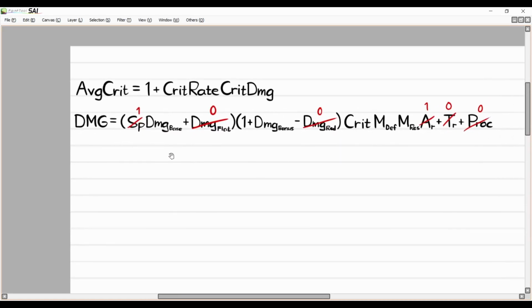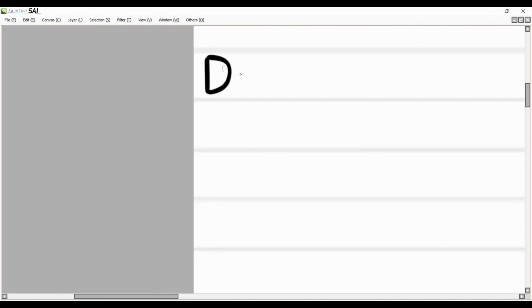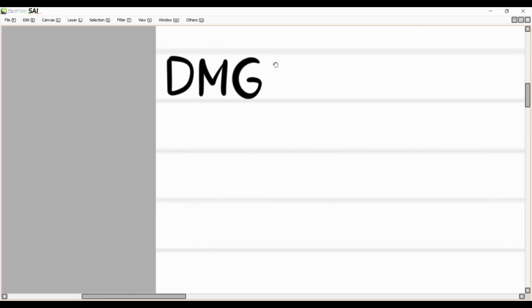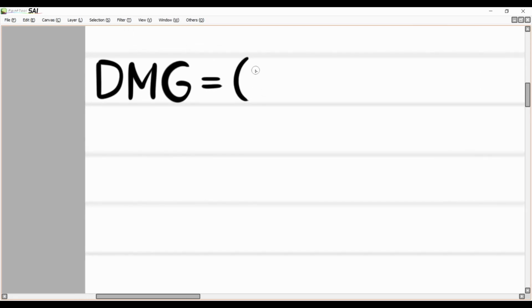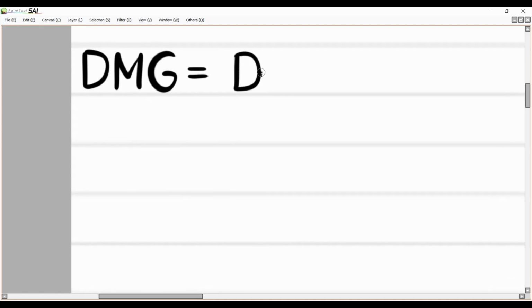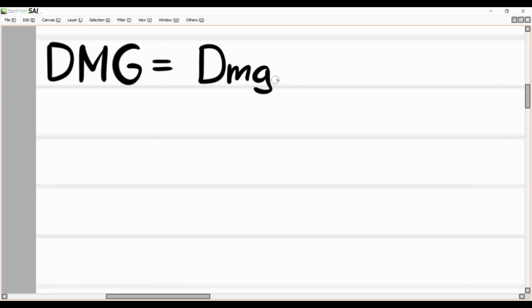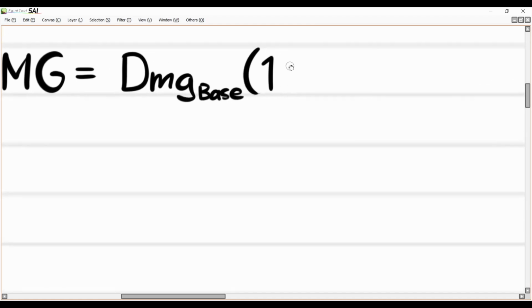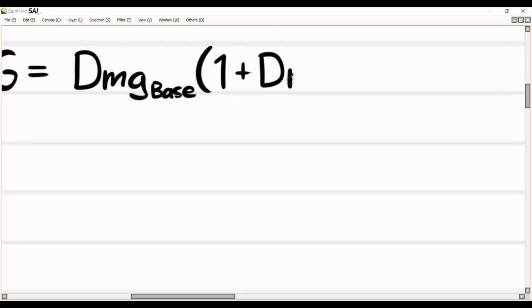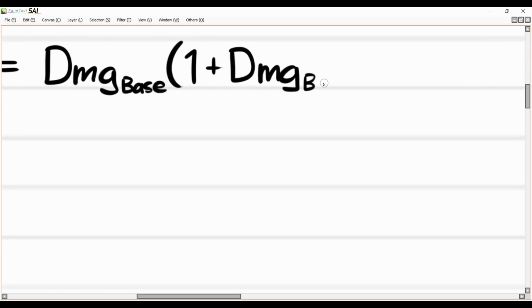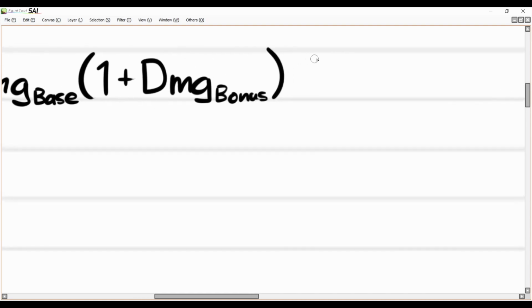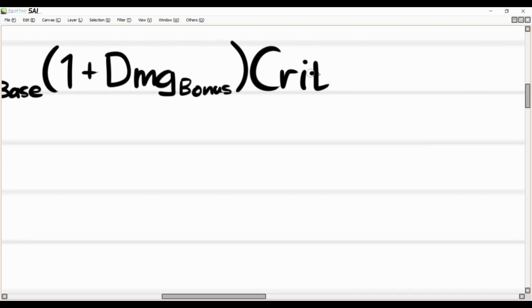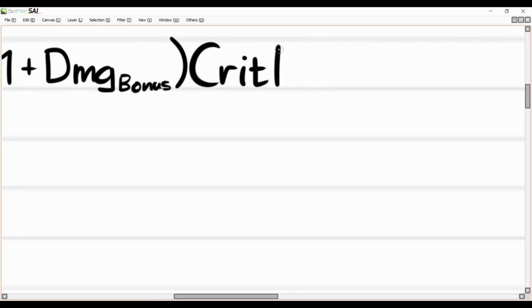And we're left with a relatively simple formula, which is that your damage becomes equal to the base damage, so damage base, multiplied by 1 plus the damage bonus, multiplied by your crit, and then this is multiplied by the enemy defense and enemy resistance.